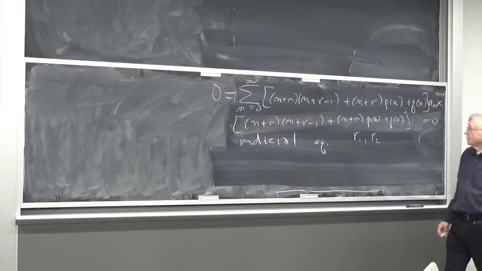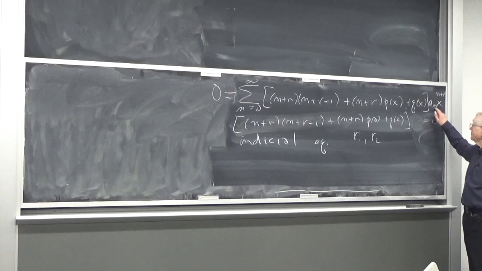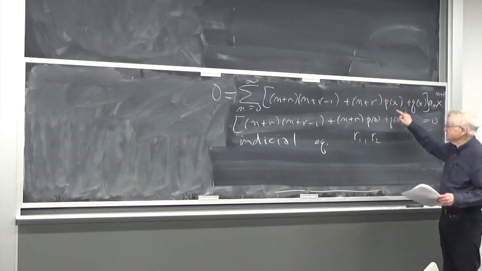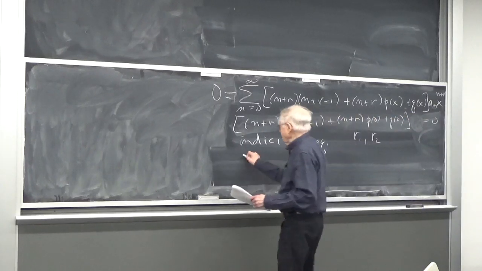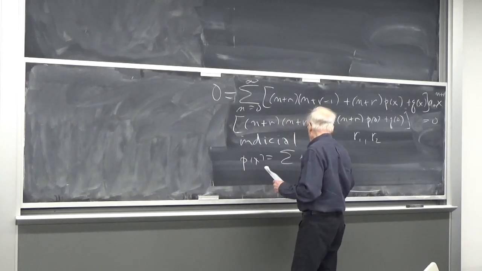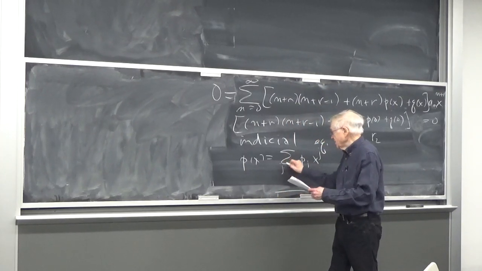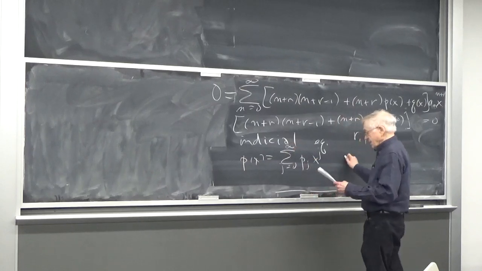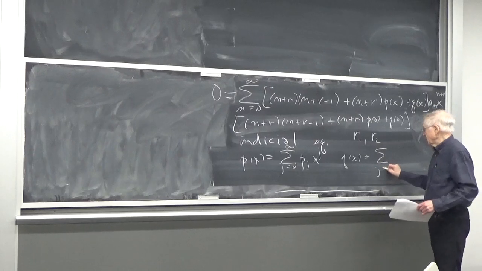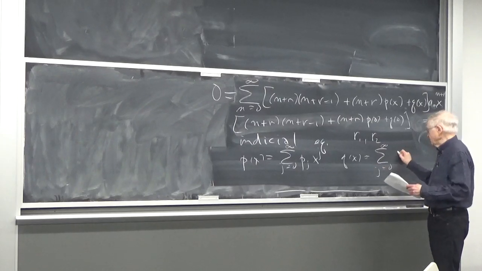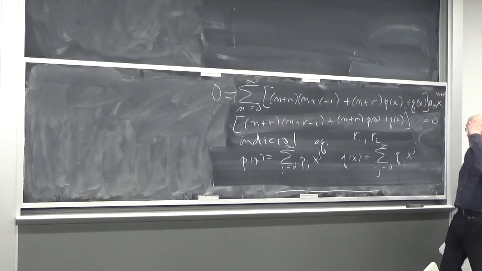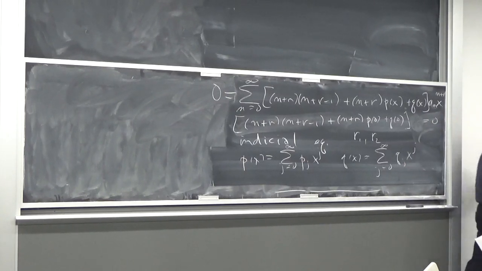To find the coefficients for higher powers, we write p of x as the sum of pj x to the j, j equals 0 to infinity, and q of x equal to the sum j equals 0 to infinity of qj x to the j. Here I'm expanding everything about x equal to 0.